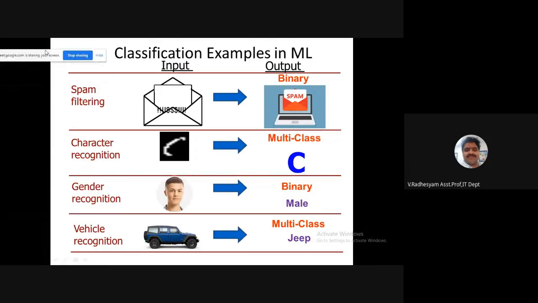Third one, gender recognition, whether he is a male or a female, which is an example of binary classification. Last one, vehicle recognition. Given a set of vehicles, you can take one vehicle and classify whether it belongs to jeep or truck or lorry, something like that, which is a multi-class classification.